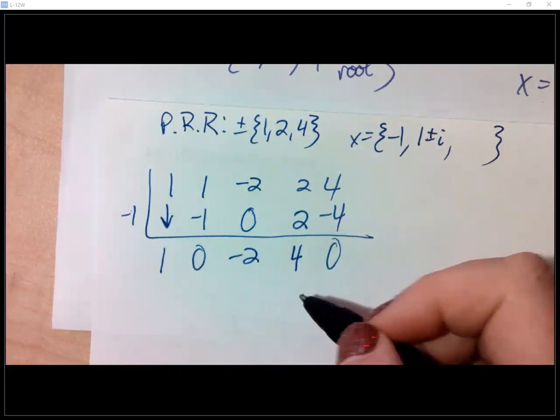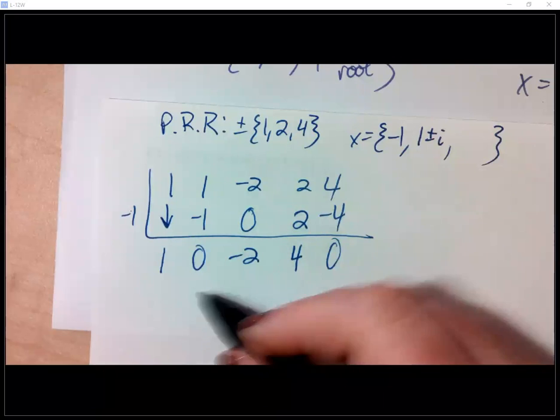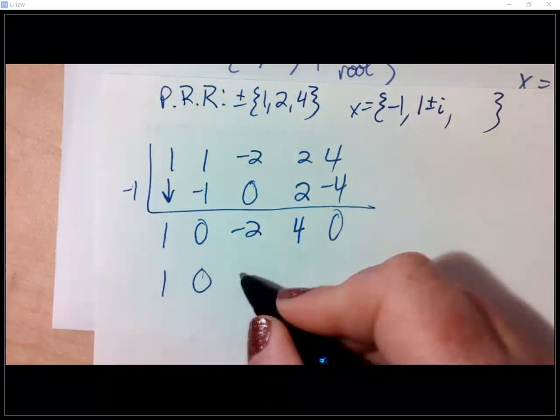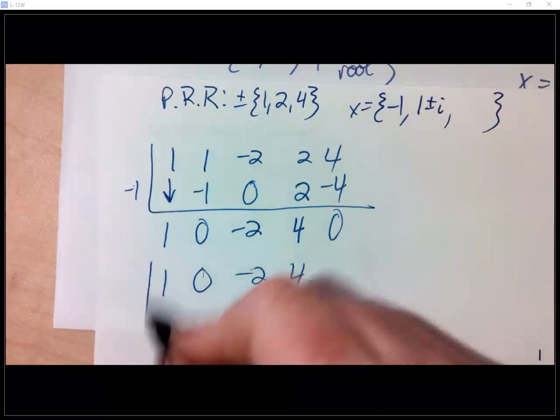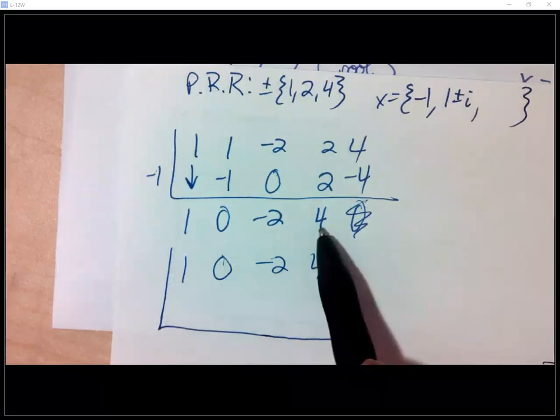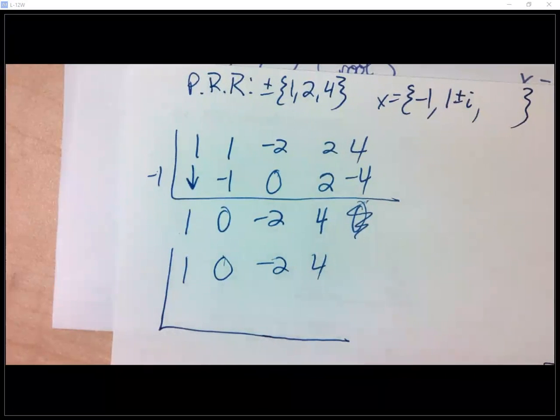I don't think so. This isn't going to factor by grouping. So I'm just going to do synthetic again. I don't need this number anymore, right? Because now I'm down to just these. You already knew that +1 didn't work. We tried it before, it's never going to work, so I don't ever have to try +1 again. You might want to try -1 again, just in case it's a double root.